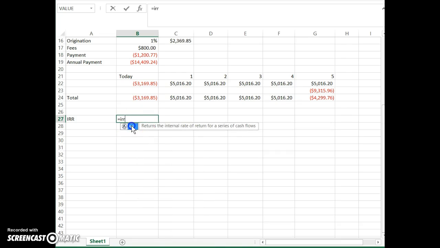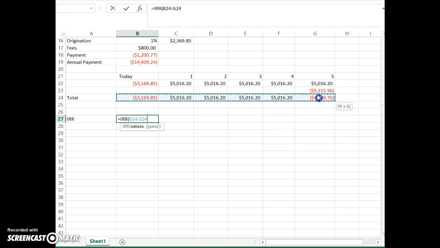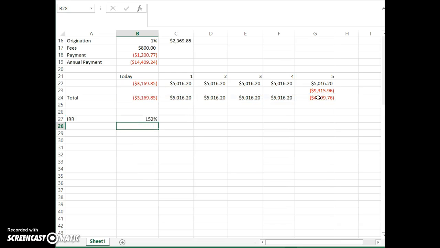We're going to use the IRR function. We'll highlight these, close parentheses, equal. You see it give you 152%. That's kind of a little bit high. So we're going to do the NPV value. And to do this, we do the NPV function.